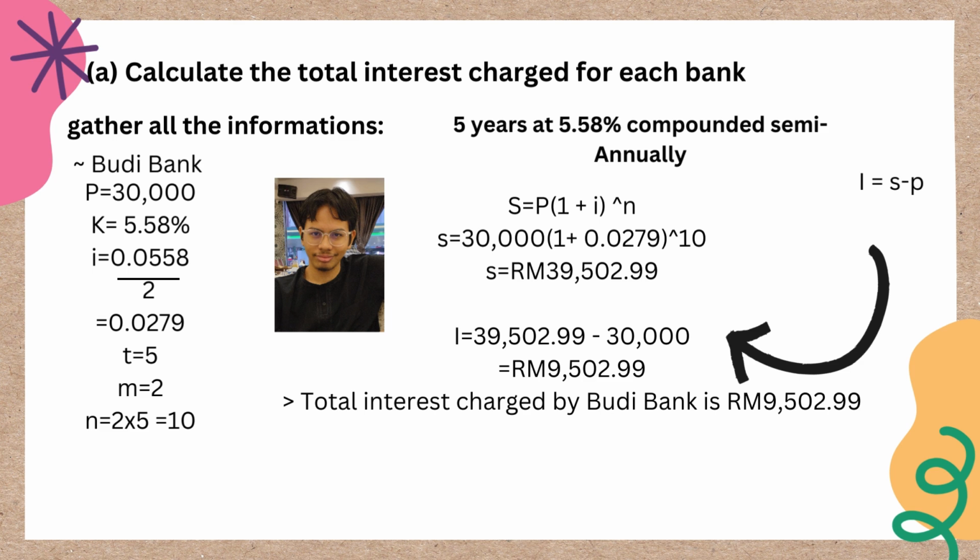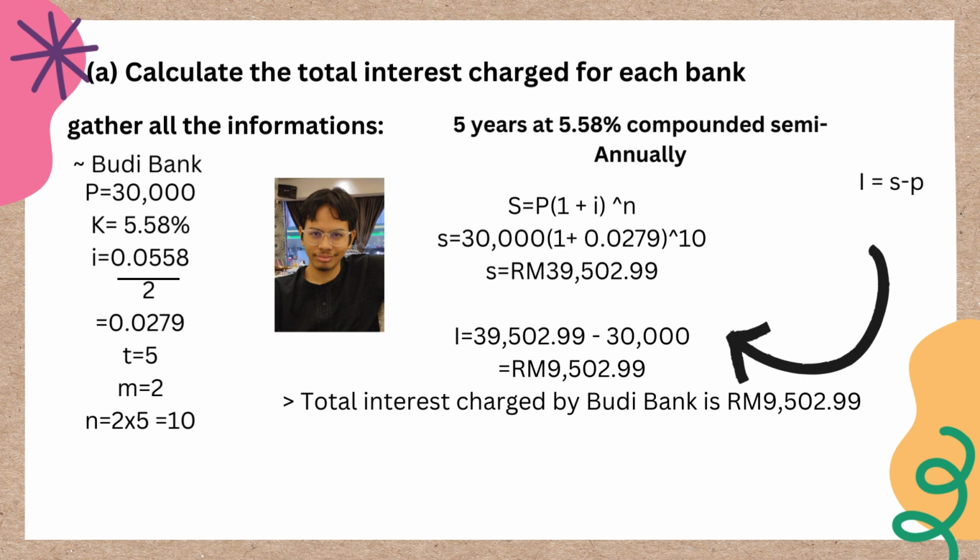After all the information has been collected, now is the right time to use the formula S equal to P(1 plus i)^n. Put all the information into the formula, calculate, and eventually you will get the answer of 39,502 ringgit 99 cent.